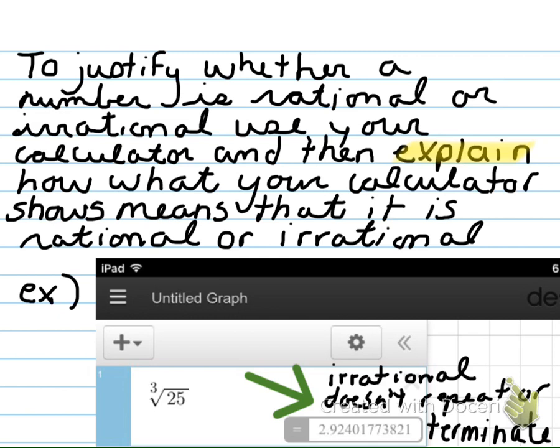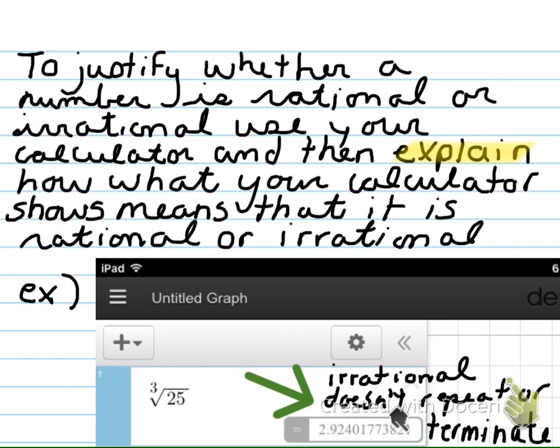Okay, to justify whether a number is rational or irrational, use your calculator and then explain what your calculator shows means whether it's rational or irrational. So my example I'm giving you is the cube root of 25. If you used your calculator to find the cube root of 25, it would give you 2.92401773821, and if it had more room, it would give you more numbers here.